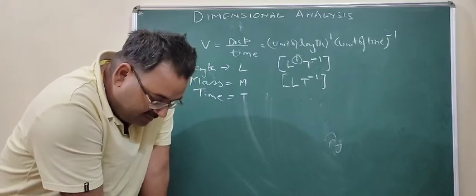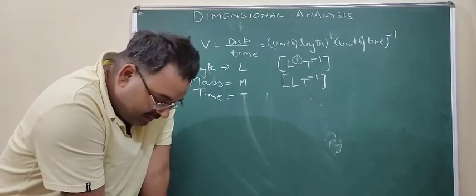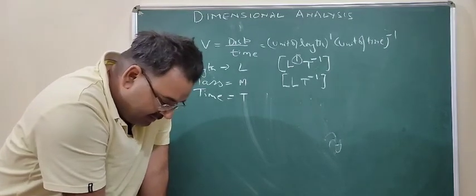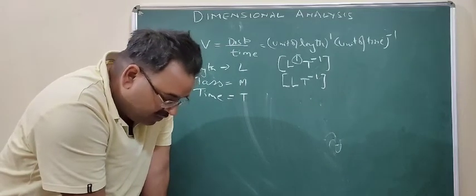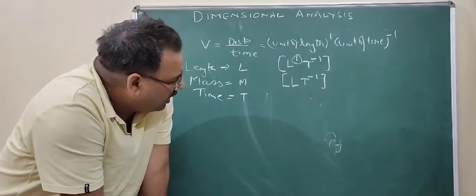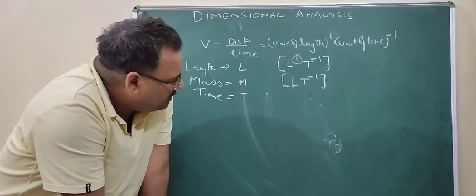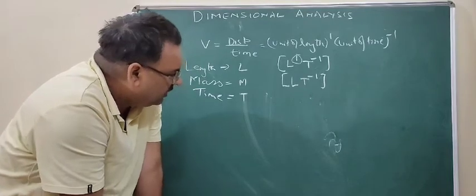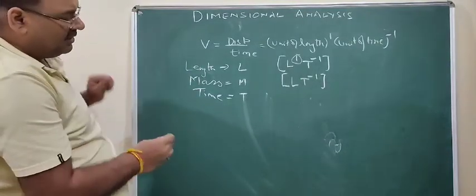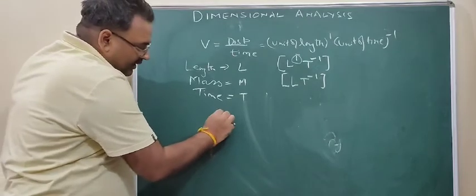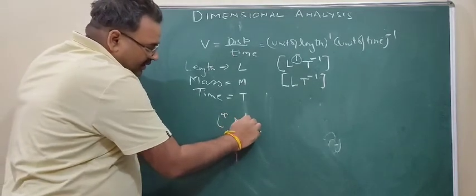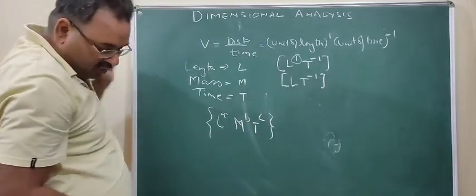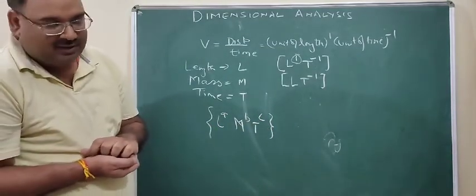If the dimensions of a physical quantity are A in length, B in mass and C in time, then the dimension of that physical quantity can be written as L raised to power A, M raised to power B and T raised to power C. So that becomes the formula. So any quantity that has got dimensions L^A M^B T^C, this is the dimensional formula of that quantity. Okay.